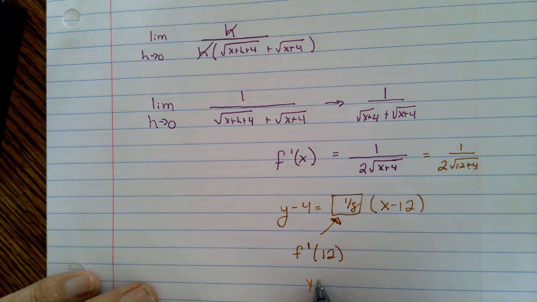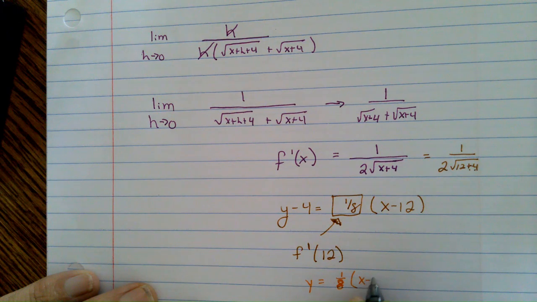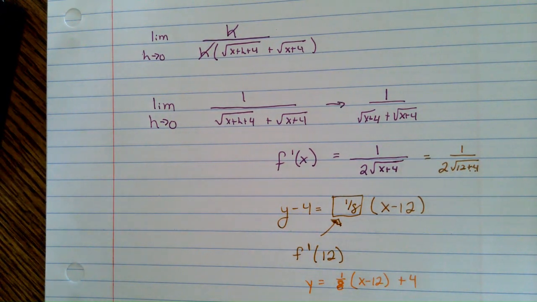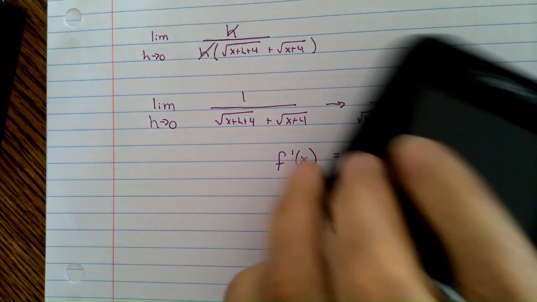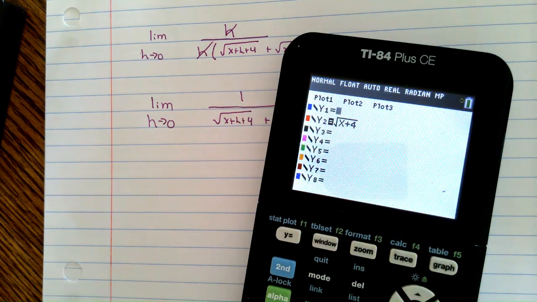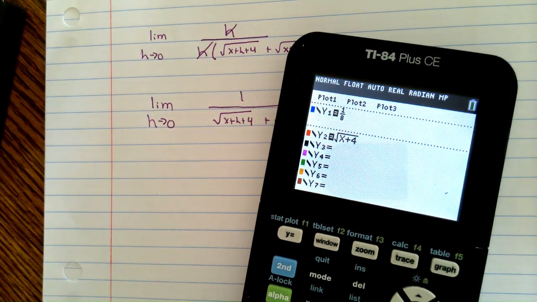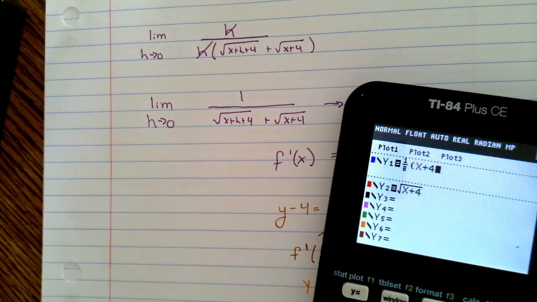So y would equal 1/8 times x minus 12 plus 4. Let's check it out before we simplify it. Plus 4, right? Nope, minus 12.